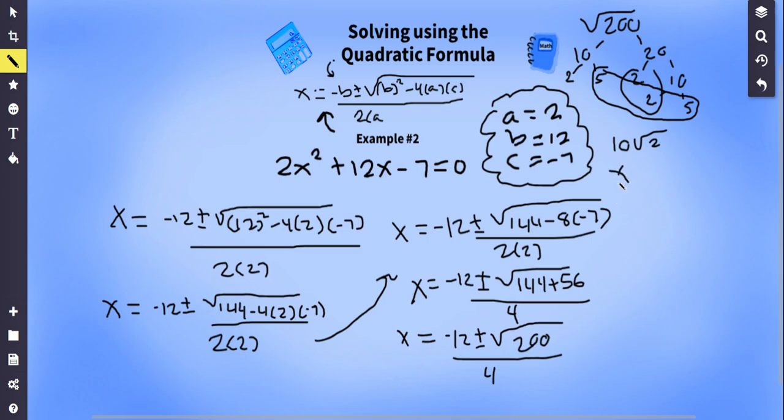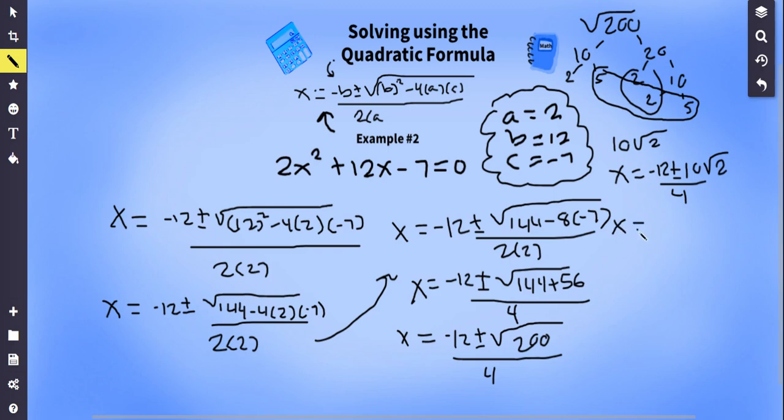So x equals negative 12 plus or minus 10 square root 2 over 4. And we can simplify this further.